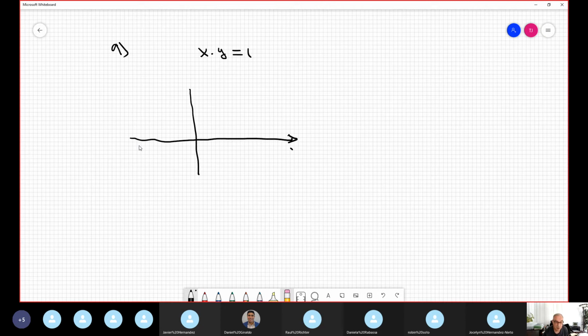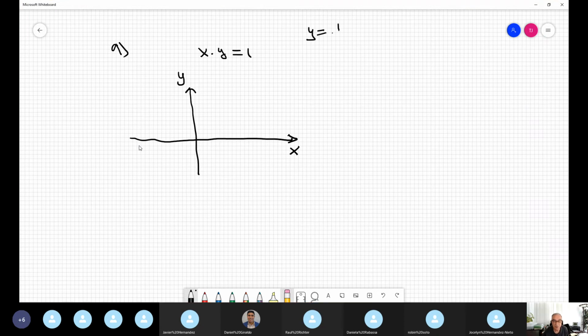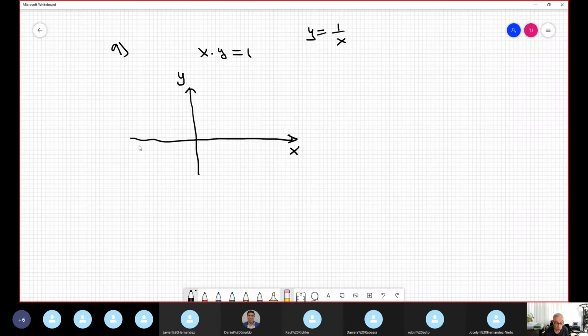The function x times y equals 1 is equivalent to saying y equals a reciprocal function. A reciprocal function, you know, can look like that. It's a hyperbola. And this is the origin, 0, 0.